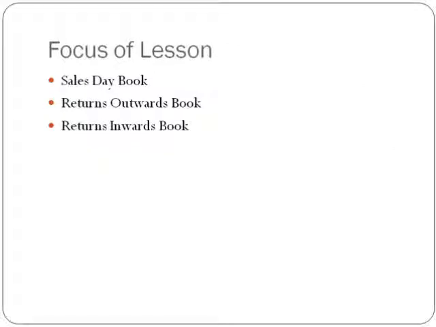The focus for this evening's lesson, as was said earlier, are three main books of original entry. They are the sales day book or sales journal, the returns outwards book or the returns outwards journal, and the returns inwards book or the returns inwards journal.